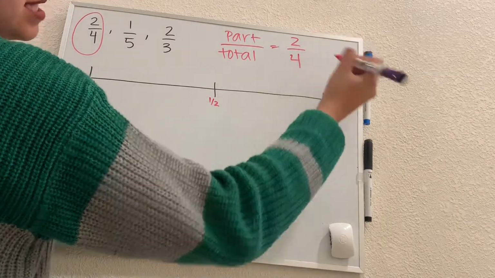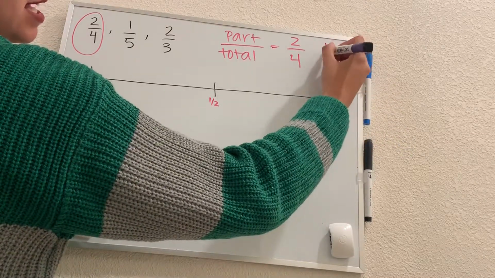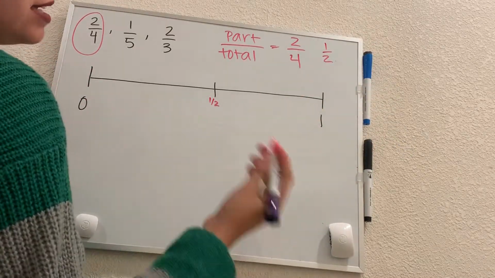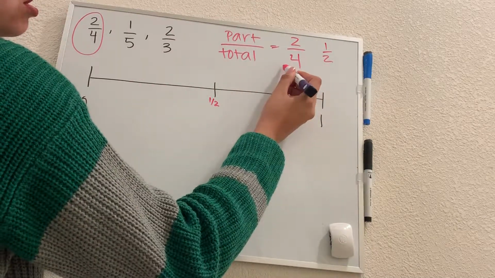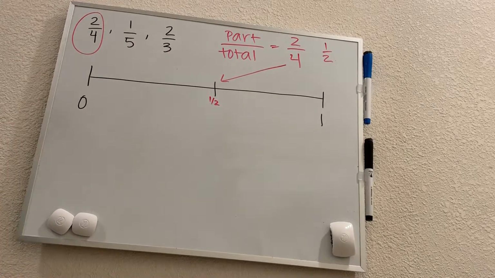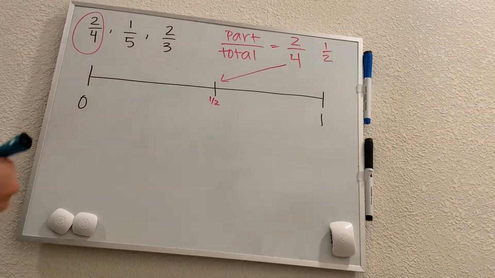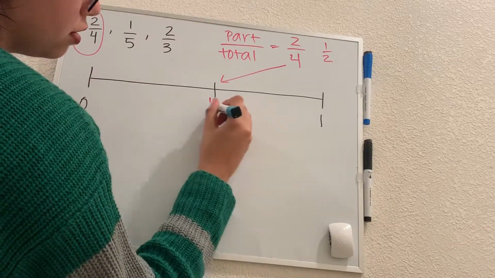So if 2 is exactly half of 4, isn't that the same thing as saying it's half? It is. So this one's really easy because you can just put this directly on the half mark. So for this one, you know that 2/4 goes right here.